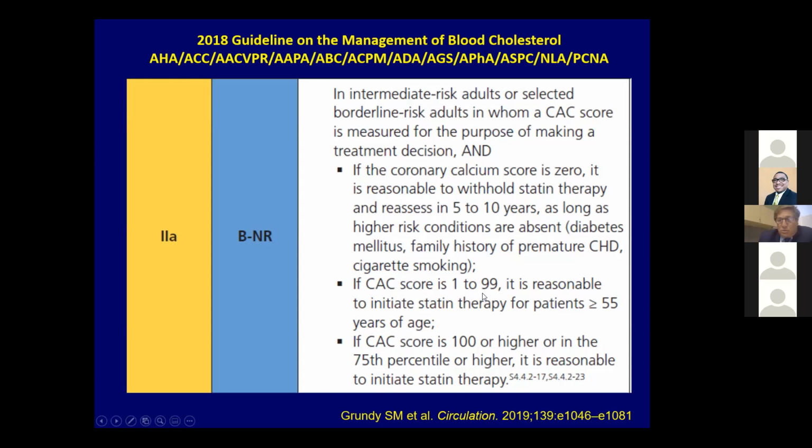If the calcium score is 1 to 99, it is reasonable to initiate statin therapy for patients greater than 55 years of age. If the calcium score is 100 or higher, or in the 75th percentile or higher, it is reasonable to initiate statin therapy.